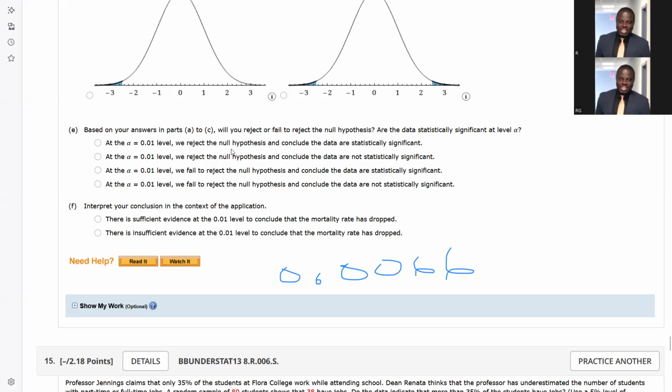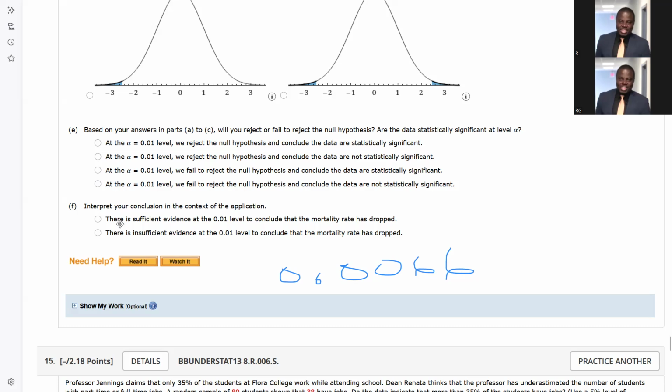So at an alpha level of 0.01, we reject the null hypothesis and conclude that the data is statistically significant.